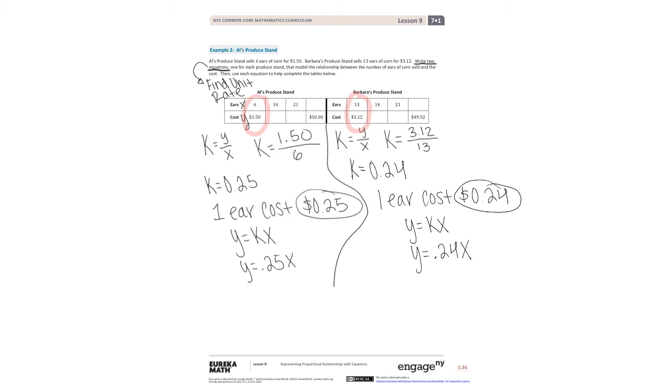And here are our two equations. When we look at both of these equations, we know that y is our cost, our 0.24 is the unit rate, our constant, and our x is the number of ears purchased.